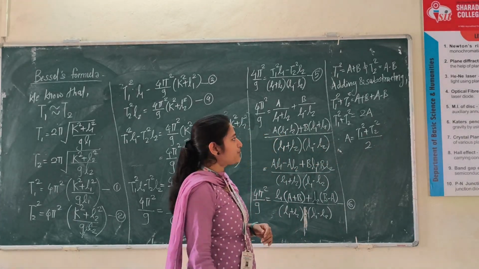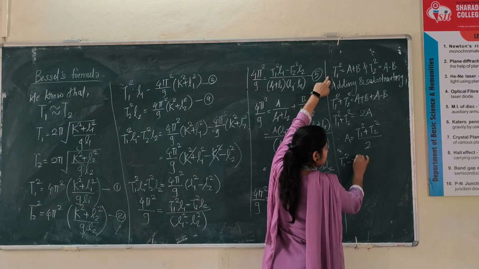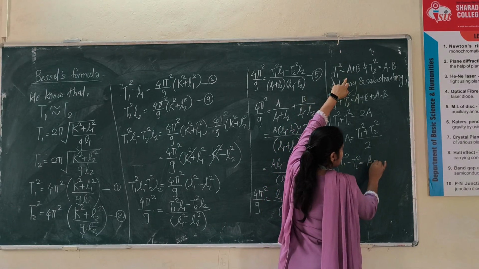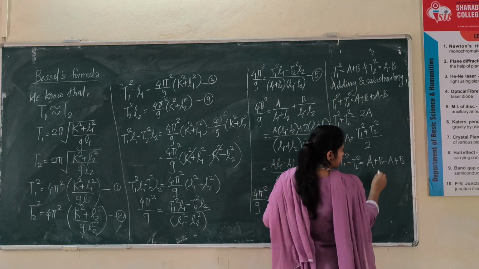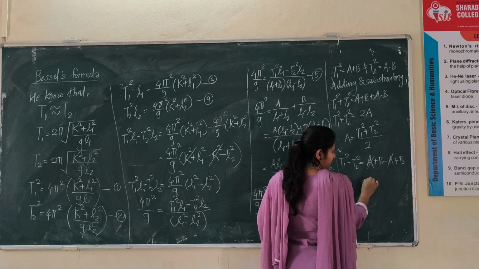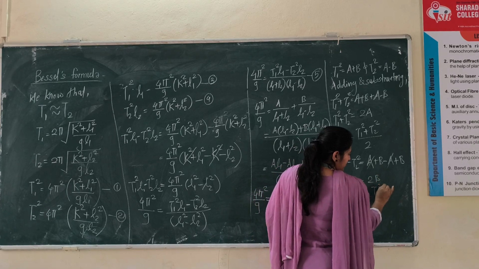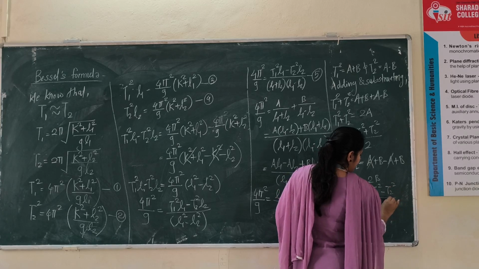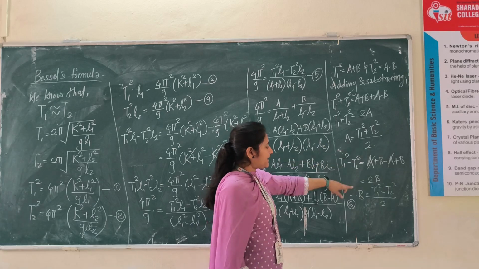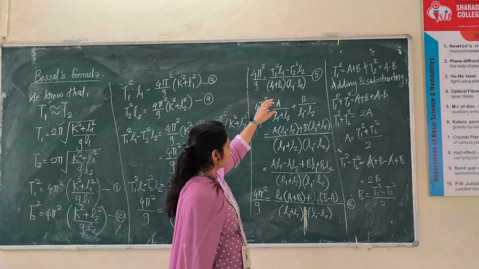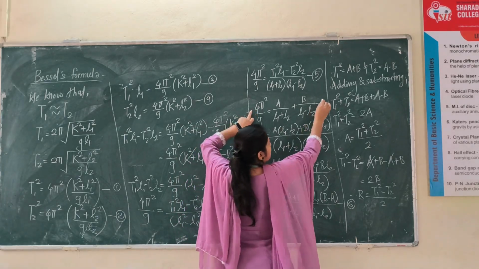And for the value of b, subtracting these two equations, we get T1 square minus T2 square is equal to a plus b minus a plus b. Okay, so after cancellation of a, we get 2b, and the value of b becomes (T1 square minus T2 square) by 2. Okay, so put the value of a and b in this equation 5.